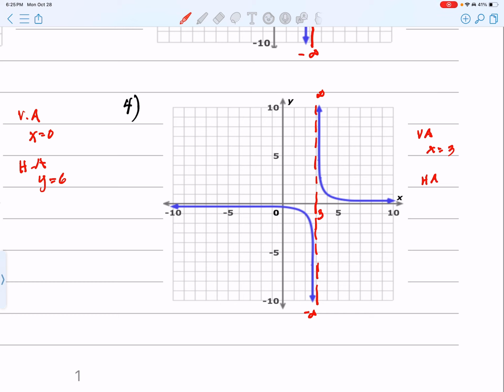And for horizontal, of course, we have no other line. We cannot make another line for horizontal asymptote other than y equals 0 as x approaches positive infinity and negative infinity. All right.